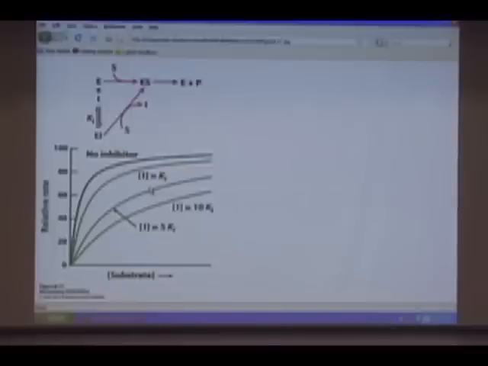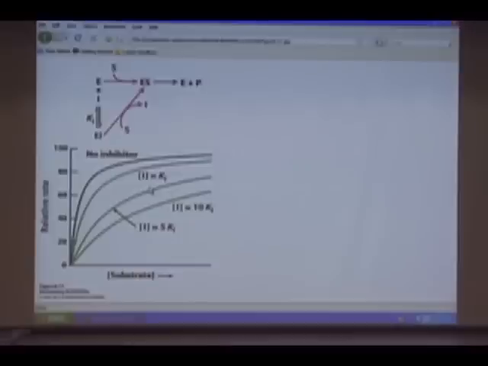Because competition's going on. There's more substrate to outcompete the inhibitor. Let's imagine over here on the left side that I've got 100 molecules of substrate and I've got 10 molecules of inhibitor. As I increase substrate concentration, I get over here where I've got 1,000 to the same 10. And over here I've got 1,000,000 to the same 10.